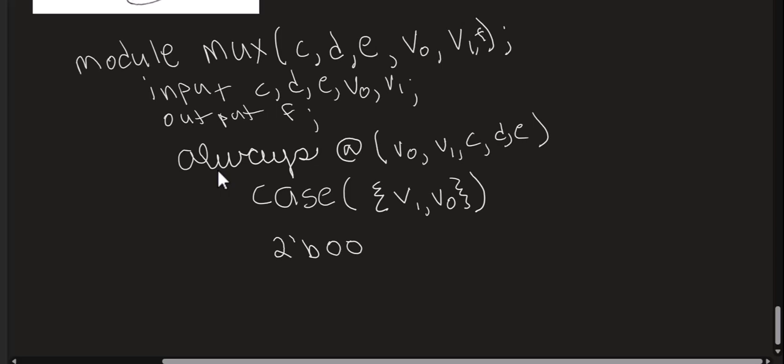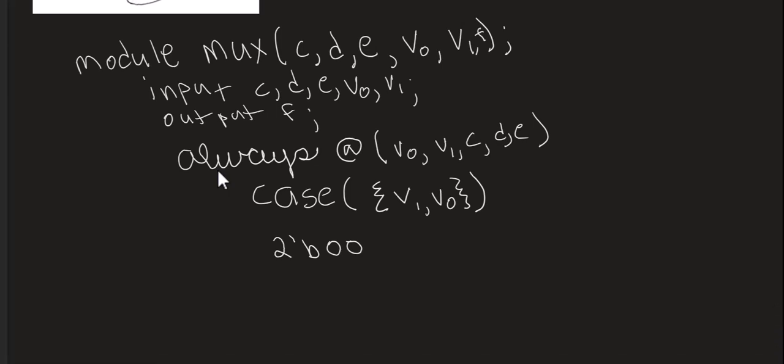Then I'm going to list my 4 possible cases. The 2 tells me it's a 2-bit number, then the apostrophe, and the B tells me it's binary. So case 2'b00.